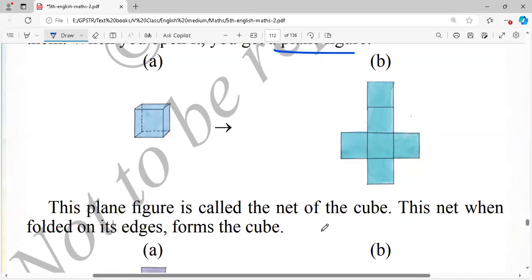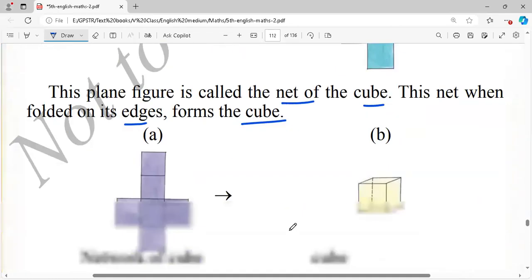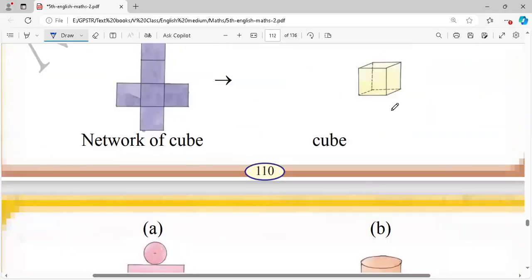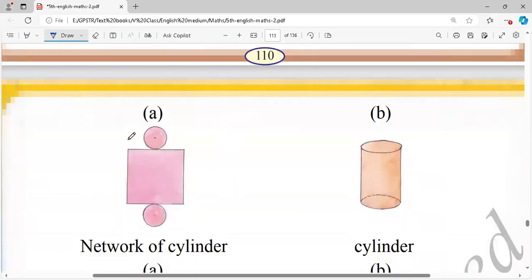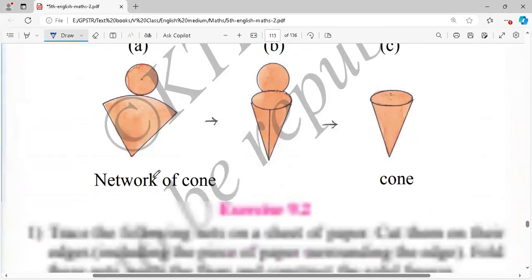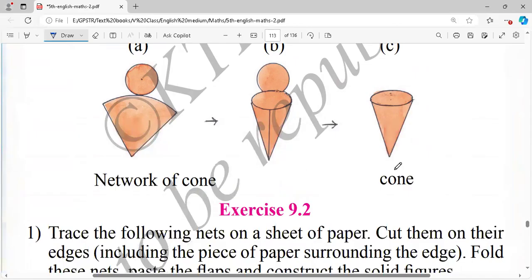This plane figure is called the net of the cube. This net, when folded on its edges, forms a cube. This is the network of a cylinder. This is the network of a cuboid. This is the network of a cone.